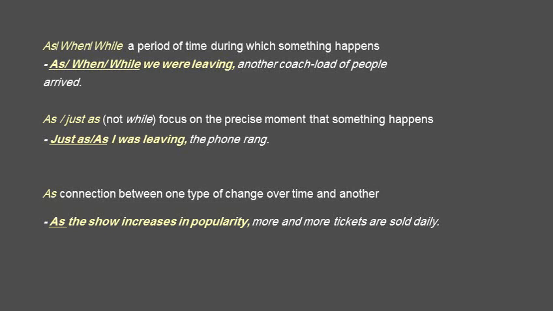We also have another type of change over time, which is the growing number of sold tickets. As creates connection between these two types of change. The growing number of sold tickets is linked to the show's increasing popularity. Note that we don't choose while in this case. We don't say, while the show increases in popularity, more and more tickets are sold daily.